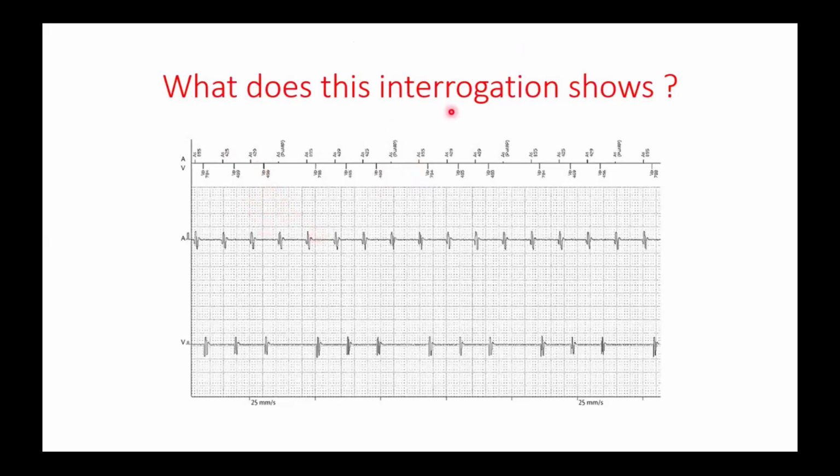This is an interrogation of a patient who had a pacemaker implanted, and here this is the atrial channel, and here's the ventricular channel. To make it easy, the upper rate, the upper tracking rate, is 120, and the atrial rate here is 140.